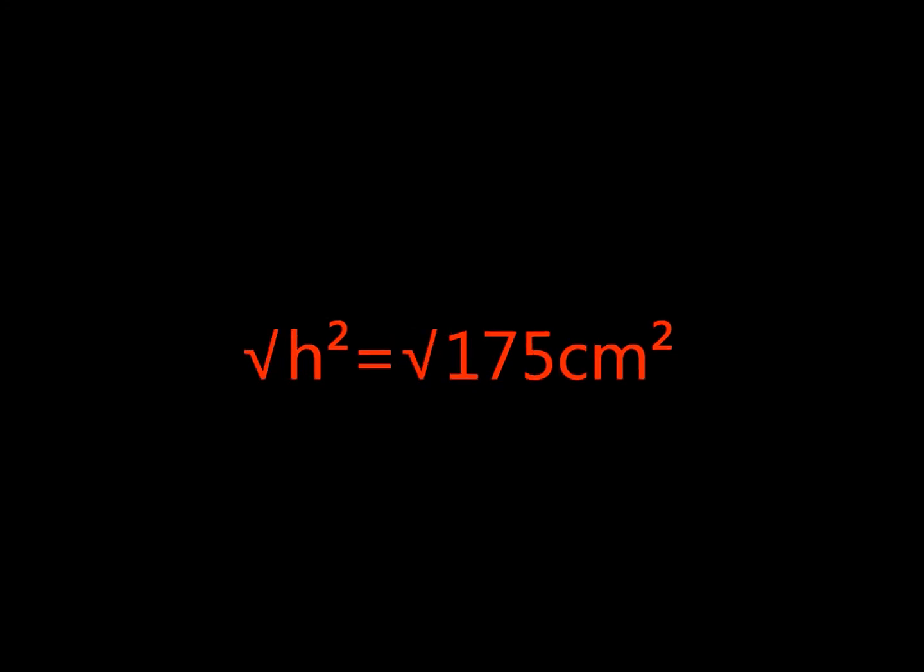Now we'll square root on both sides. So now we're left with h equals the square root of 175 centimeters squared. You'll notice I haven't taken away that square root symbol. Well, that's to make it easier on ourselves when calculating the volume of the cone.